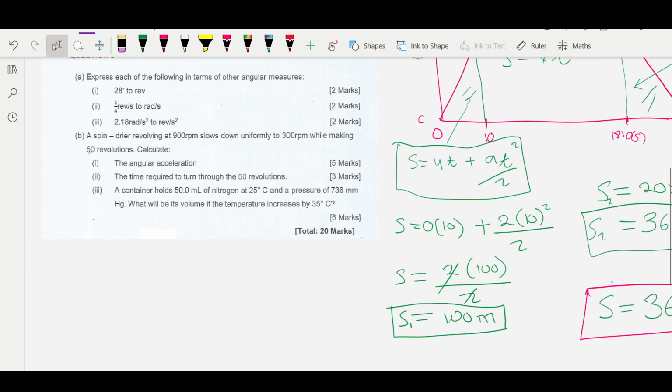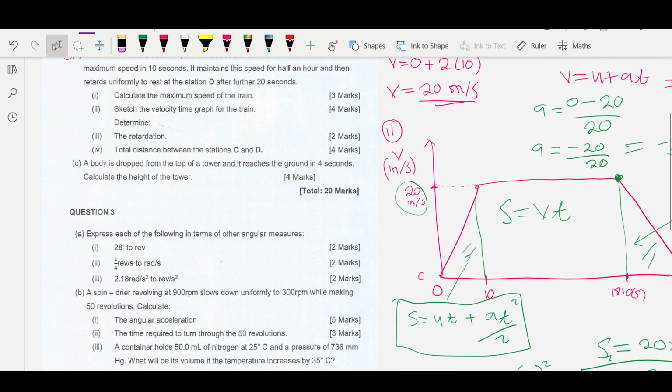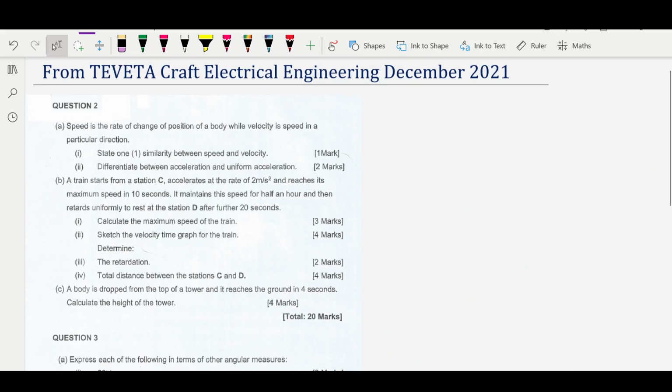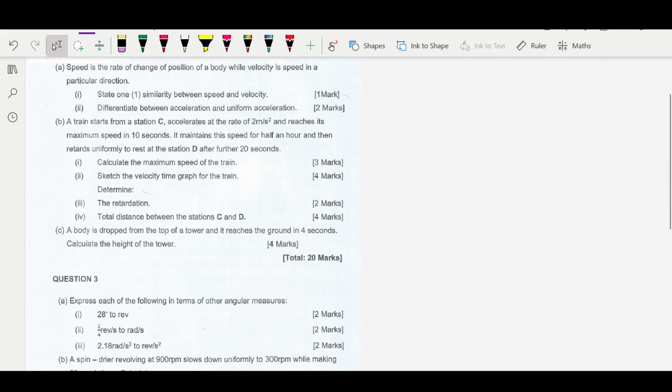So we can look at the other question, question C. Let me just grab this. It says a body is dropped from the top of a tower and it reaches the ground in 4 seconds. Calculate the height of the tower.